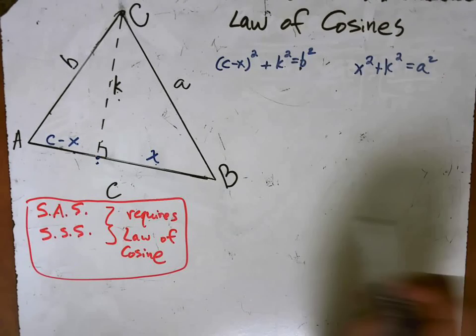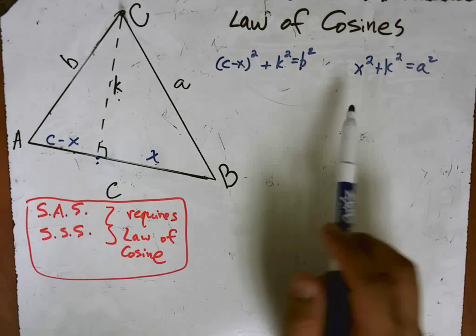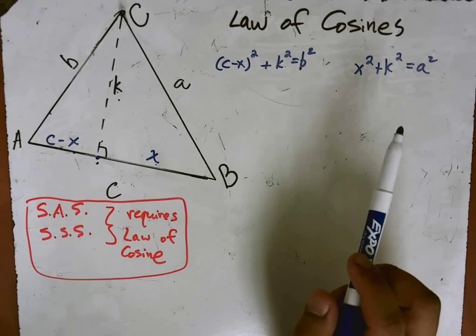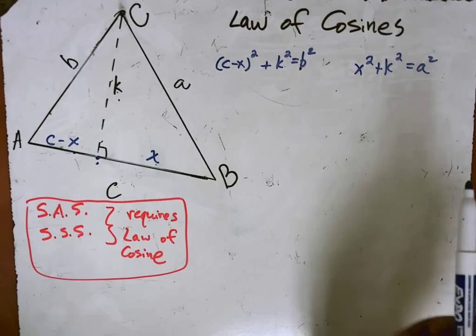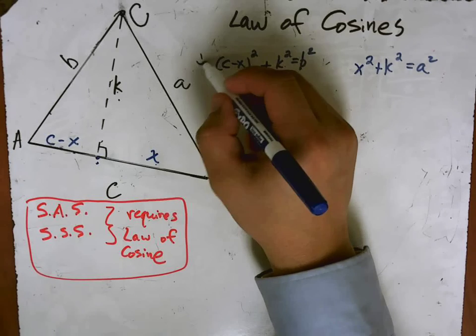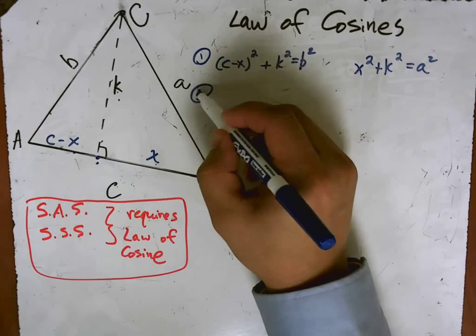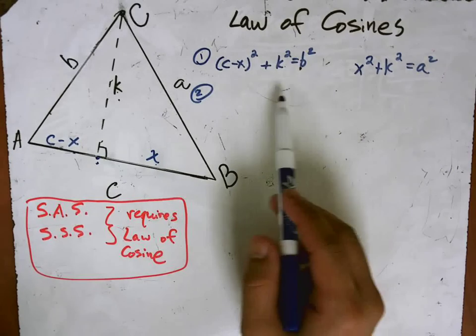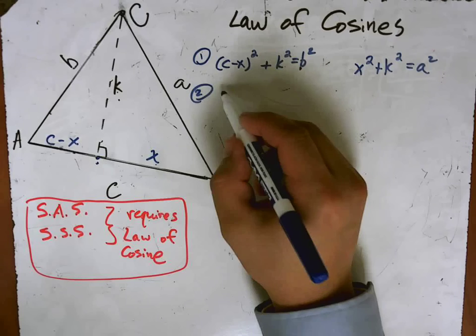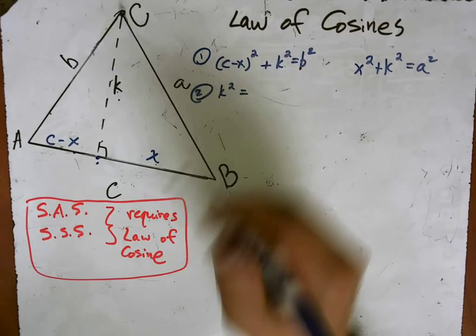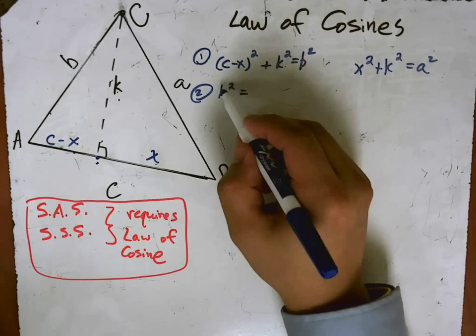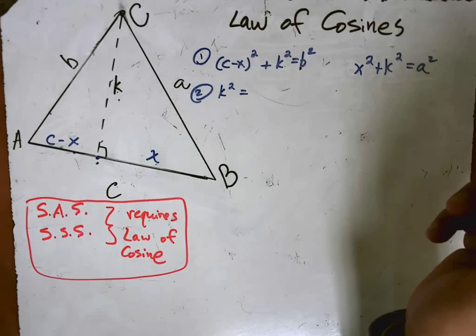So I have two equations here. That's just using the Pythagorean Theorem, and there are a lot of common variables. We'll call that step 1. In step 2, I'm going to solve for k squared for both of these. My motivation for solving for k squared is so that I can eliminate it and define things in terms of a, b, and c.